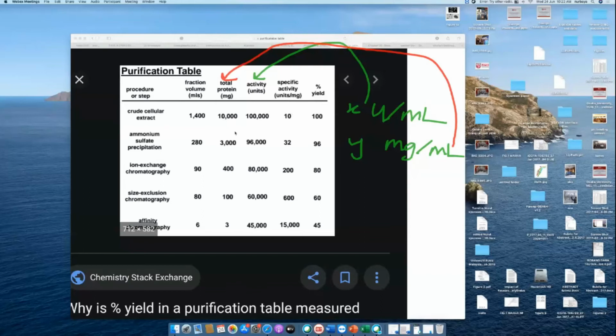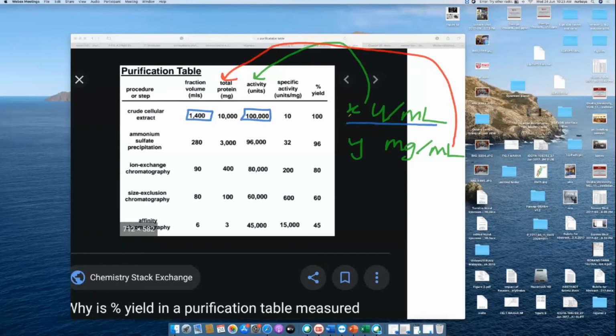Okay, so we have here the total activity, and then we have also the volume here. So in order to get unit per ml, you need to divide 100,000 units by 1.4 ml.